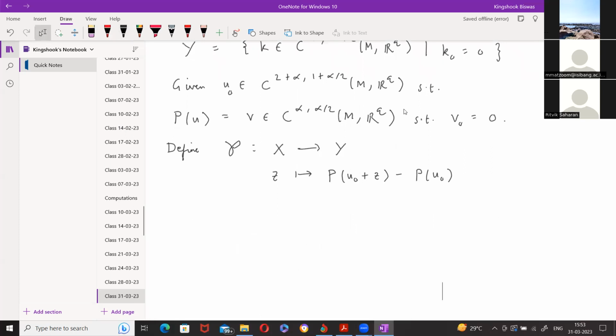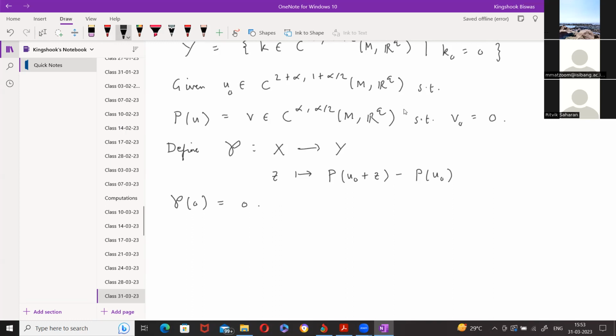So script P of 0 is 0, clearly. And what one has to check is that this takes values in Y, where K naught is 0.